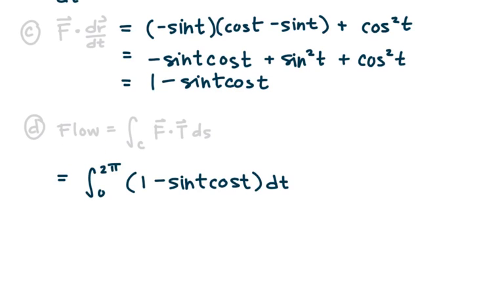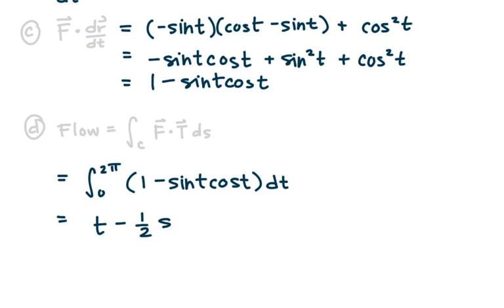Now, my flow integral, as defined in our text, is going to be the integral from 0 to 2 pi of F dotted with the derivative of r with respect to t, integrated with respect to t. And that gives me t minus, and we can integrate this using a u substitution.